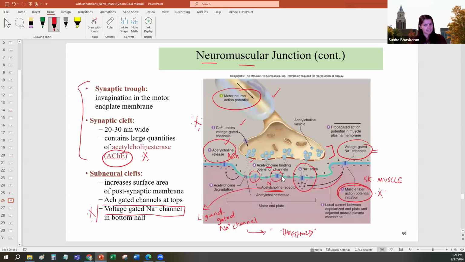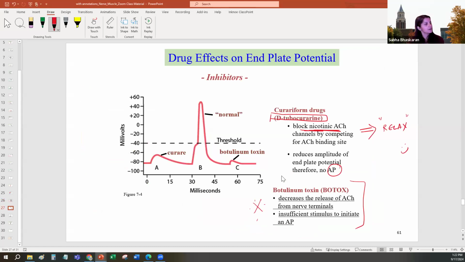So the Botox basically acts on this area and prevents it from releasing. There is, again, an hour-long lecture that goes into how this mechanism works, but I'm just giving you an overview here. Every tiny bit of information that we look upon in physiology has by itself an ocean of information. I'm just trying my best to keep it simple, but at the same time touch upon a few things. Are we good?